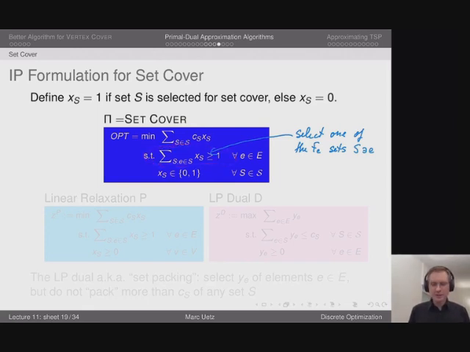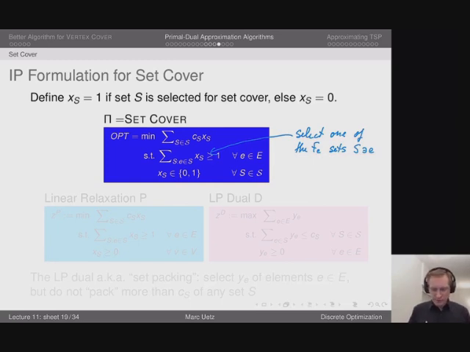Well, the only constraints that I have is that for each of the elements that need to be covered, I have to select at least one of the subsets that contain this element. So I have to select at least one of the corresponding sets S that contain element E. Therefore, this larger or equal than 1 constraint here. So select one of the Fe many sets that contain element E.